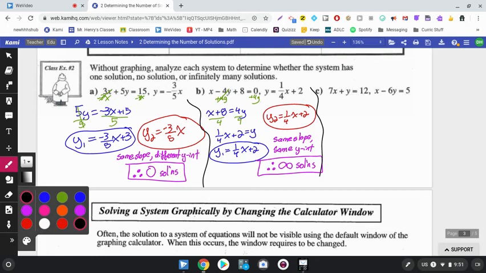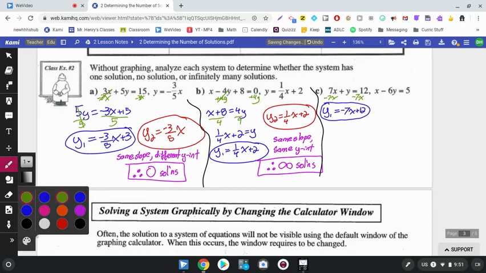All right. Next one, 7x plus y equals 12, x minus 6y equals 5. I've got to do some rearranging for both of these. So let's go ahead and do that. Minus your 7x, minus your 7x. y1 equals negative 7x plus 12. Good. That one's actually ready to rock.